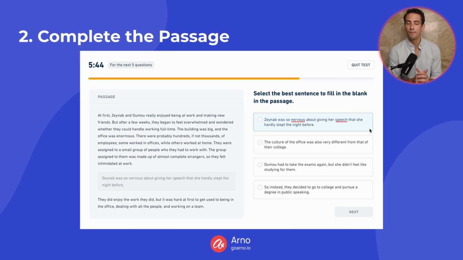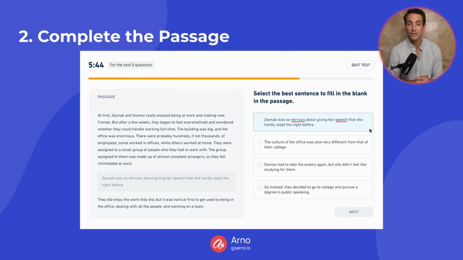The key vocabulary in this option is nervous and speech. So, do we find that vocabulary or synonyms or related vocabulary anywhere in the passage? No. So that's a strong hint that this option is incorrect.